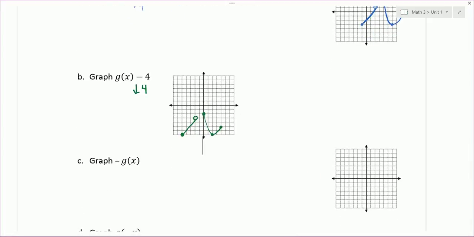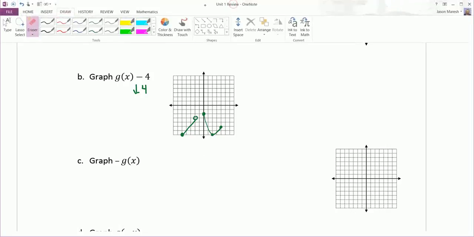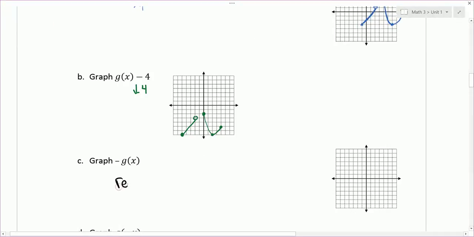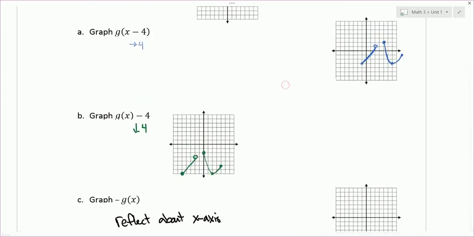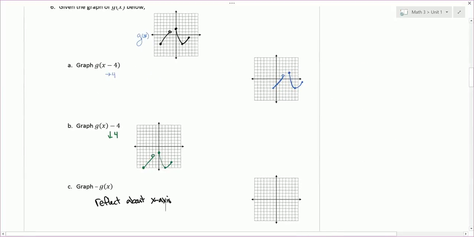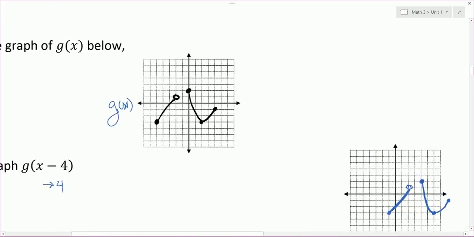See, we have a negative sign in front of g of x. That is a reflection across the x-axis. So we go back to our original graph here, find a point, and reflect it across the x-axis.